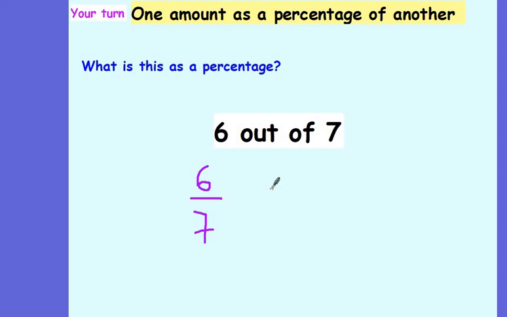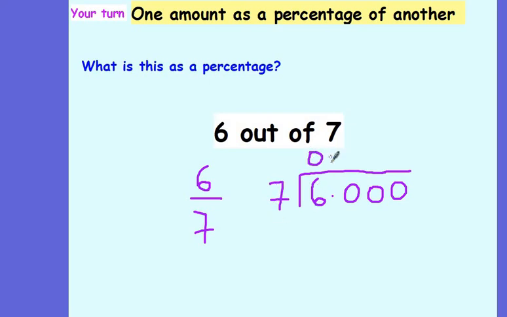So Evie, what are we going to do? Bus stop division, exactly. We're going to do a bus stop division. So I've got 6.000 divided by 7. Pause the video and work that out now for me, please. Right, let's go through it. 7s into 6 goes 0, remainder 6.